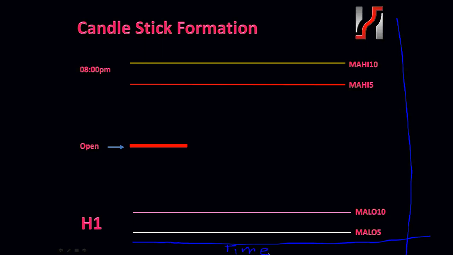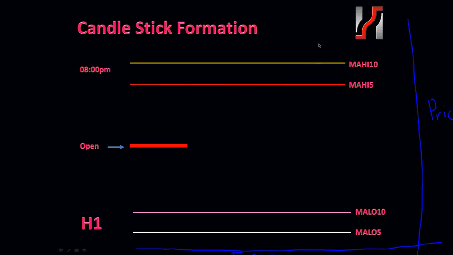Sorry, that's the best handwriting I can do with this one. And over here on this side you have the price. So basically, as time passes by, the price moves along in accordance to the time. So that's what you have for the Forex charts.